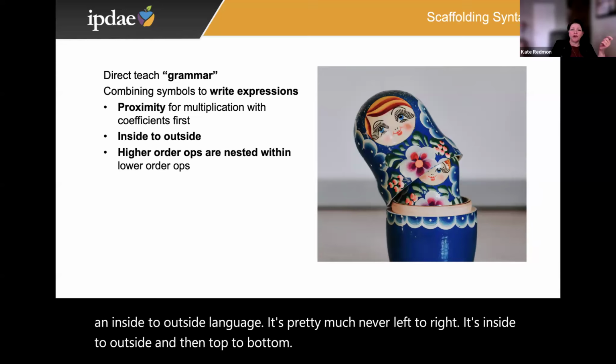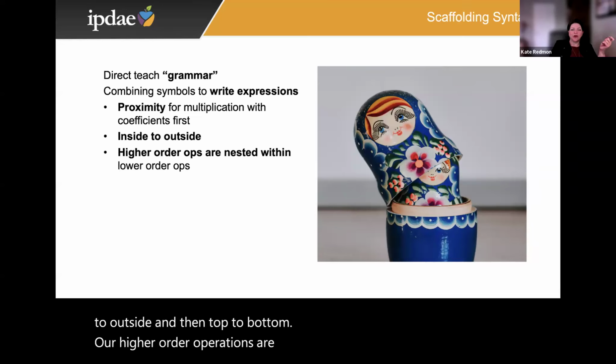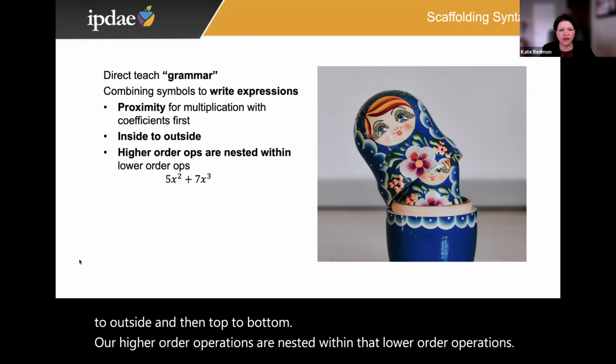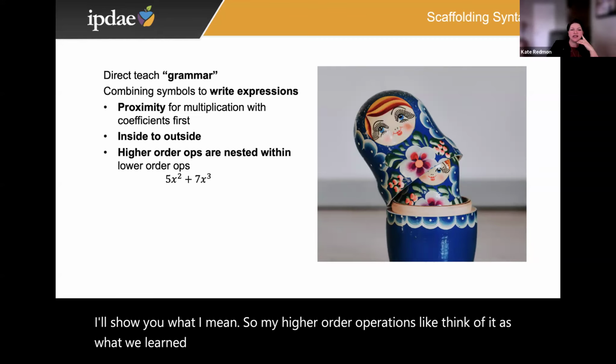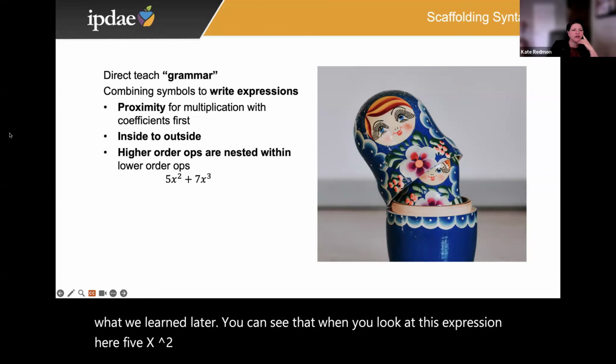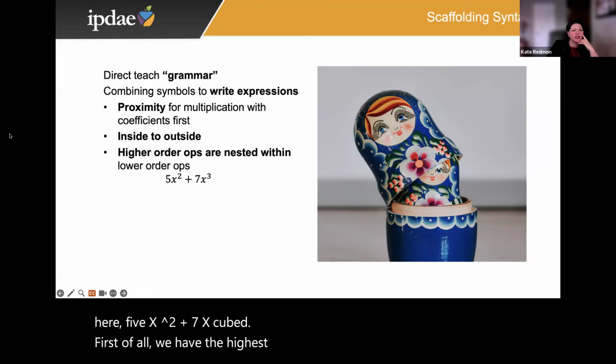Our higher order operations are nested within lower order operations. I'll show you what I mean. So my higher order operations, think of it as what we learned later. You can see that when you look at this expression here, 5x squared plus 7x cubed. First of all, the highest order operation here is a power, an exponent, right?